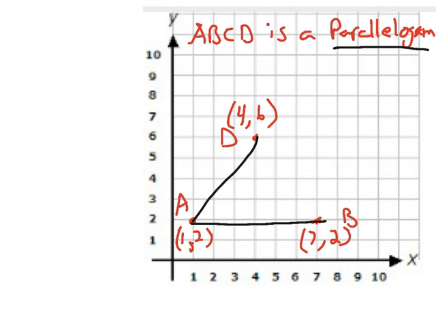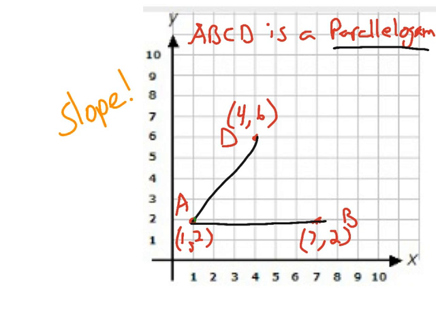So what you're going to do is think, okay, how do I know on a coordinate grid what parallel is? And hopefully you're thinking it has to do with slope. The slope of the sides has to be the same. We're going to focus on this side right here between A and D. Remember, slope is rise over run.